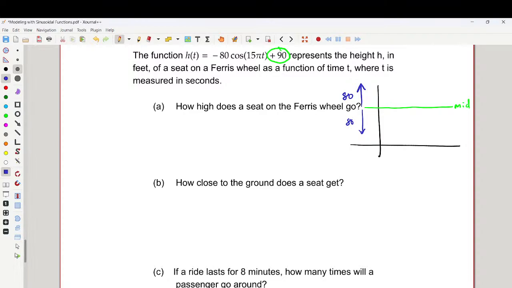So if you're at 90 and you go up 80, what's your maximum? 170. If you're at 90 and you go down 80, what's your minimum?